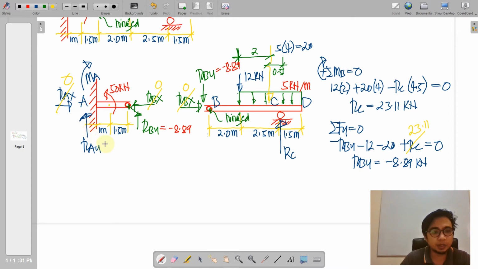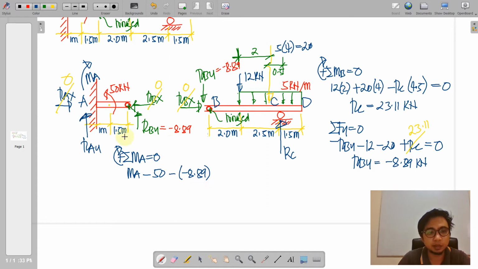So starting with our moment at A, we can solve that by taking moments at A. So here we have a clockwise MA less the 50 counterclockwise couple less RBY, because RBY is counterclockwise. However, we should reflect also the sign times its moment arm of 2.5 meters. And then all of those will be equal to 0.